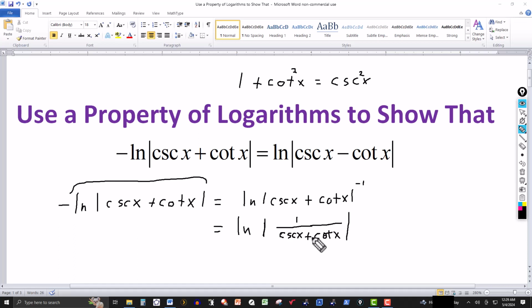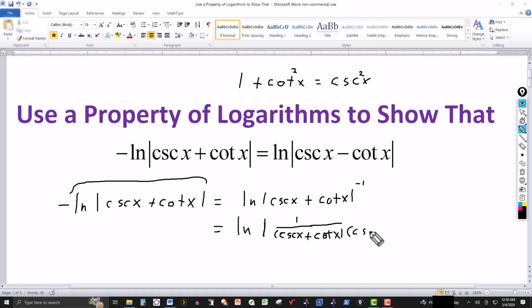Now from here, the next step would be to multiply the numerator and the denominator by cosecant of x minus cotangent of x. So instead of rewriting this again, let me just move this out of the way here. So this gets multiplied. It's actually the conjugate of that expression there.